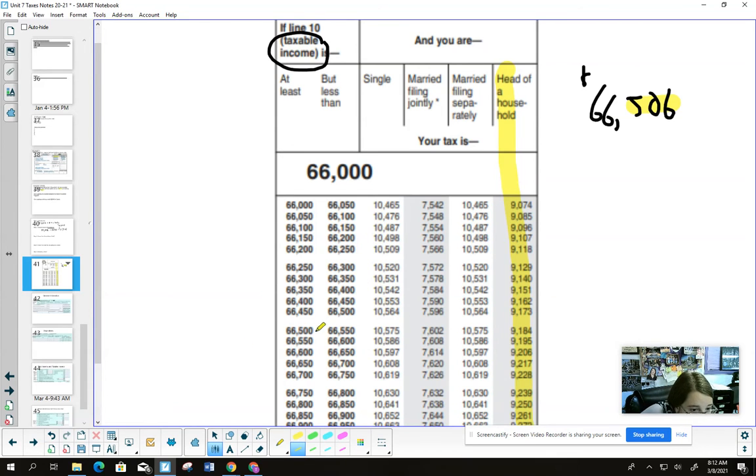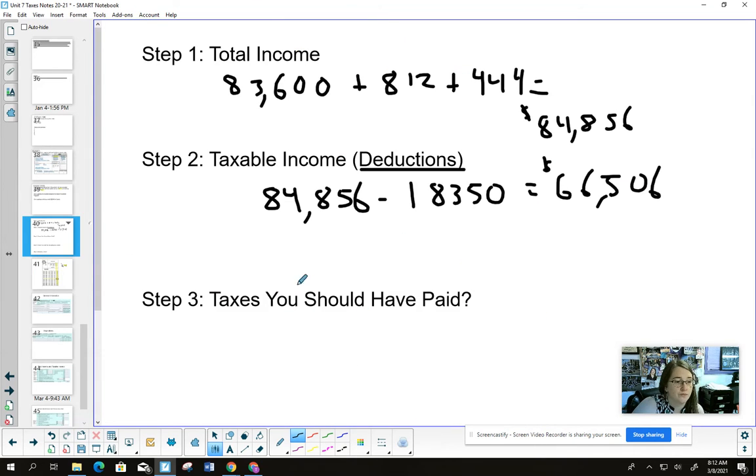So that falls in between right here, 500 and 550, right? Therefore, this is my answer where these two rows cross, 9,184. So taxes you should have paid, once again, this comes from the tax table, 9,184.